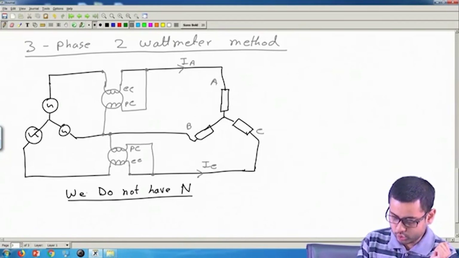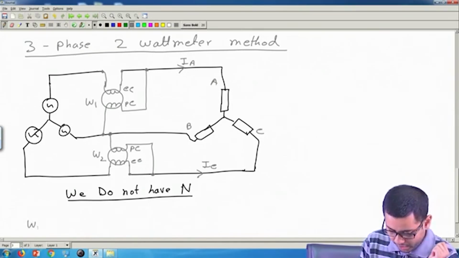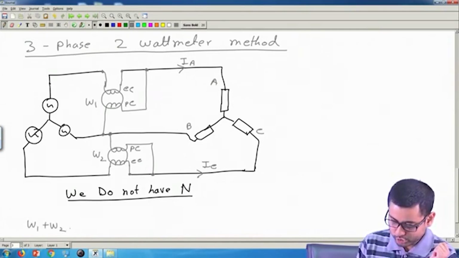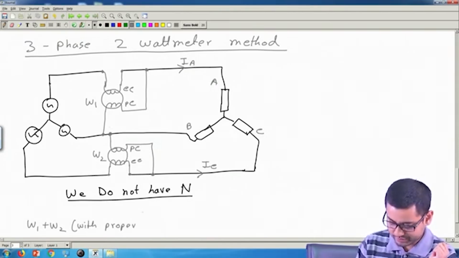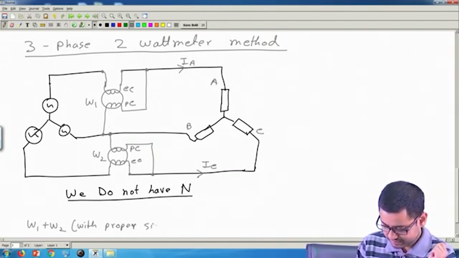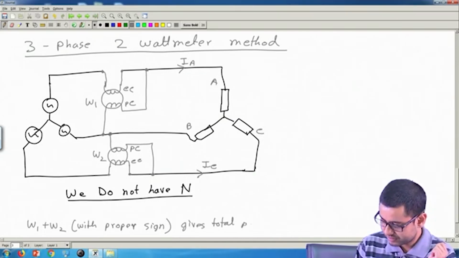So, this is a 2 wattmeter method to get the power measured in these three phases. Now, if I call this W1 and this W2, then W1 plus W2, with proper sign, okay, their reading can be negative, gives total power in three phases.